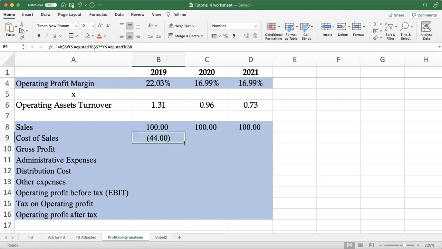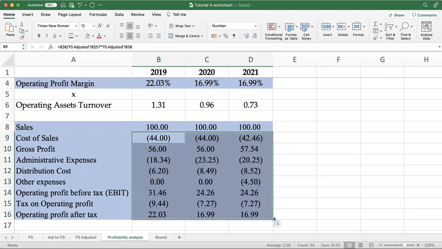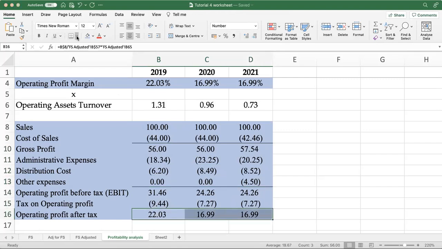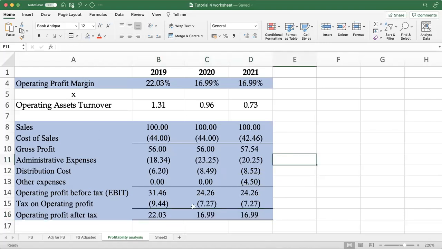Then you can copy this formula to the rest of the cells. So these are the common size amounts. You can check your answers.